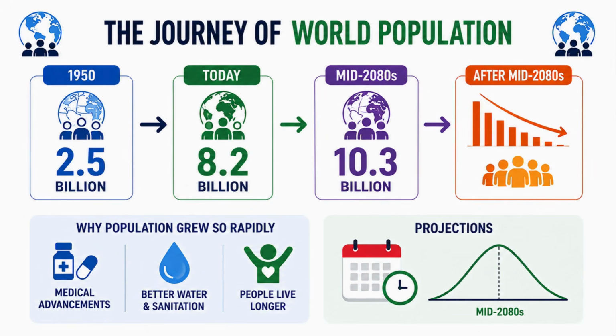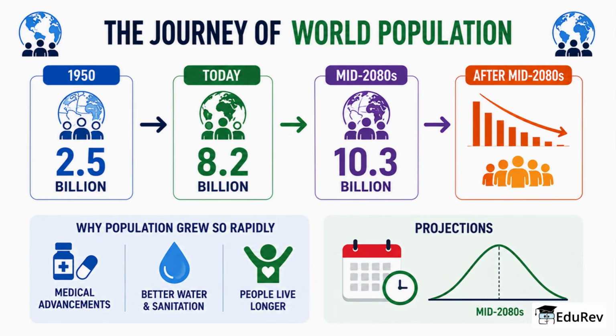Well, back in 1950, the global population was just 2.51 billion. Today, we're crossing 8.21 billion. We've seen this explosive growth primarily because of incredible medical advancements, things like antibiotics and vaccines, along with much better water and sanitation.